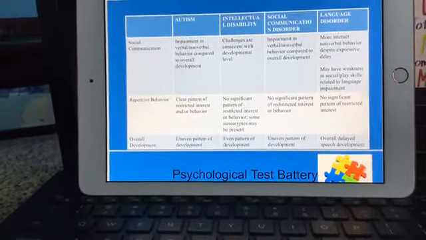For a person with intellectual disability, there is no significant pattern of restricted interest or behavior at all. Similarly for social communication disorder, there is no significant pattern either. And as well for language disorder. So repetitive behavior is one of the keys.